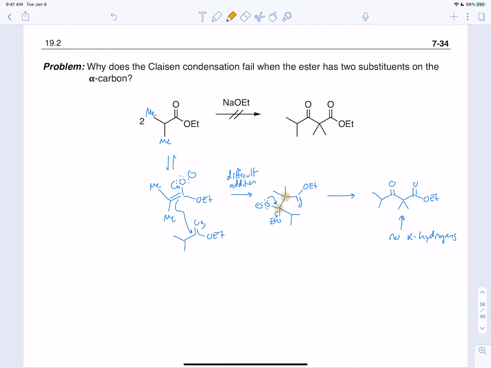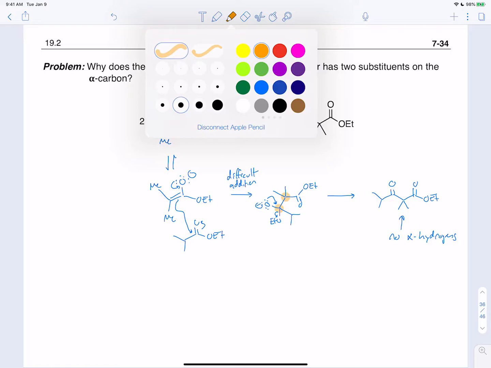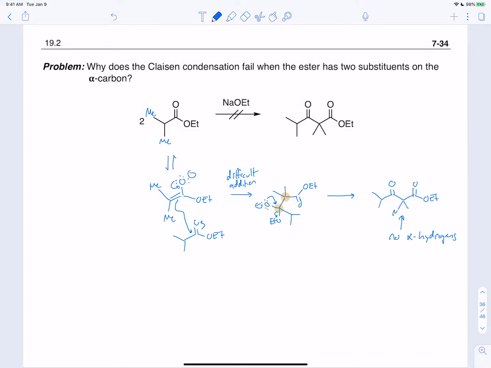Since this has no alpha hydrogens to deprotonate, we only have these two methyl groups here. That means that this compound is still reactive, but it's not necessarily reactive in the way you would think. So even if we made small amounts of this, or let's say we made this compound in a different way, and we added sodium ethoxide, it would actually go backwards.